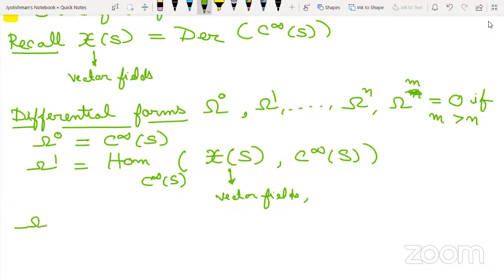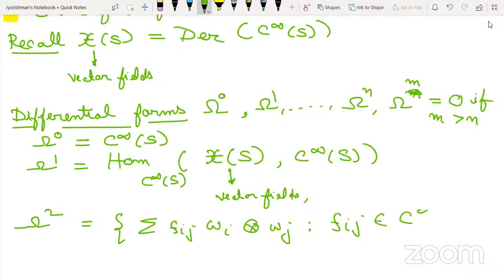Okay. And so omega 2 can be identified as the set of all F_ij omega_i tensor omega_j, where F_ij belongs to C infinity S, omega_i, omega_j are one forms, and F_ij equals minus F_ji.